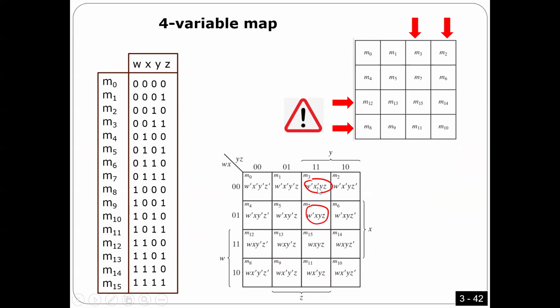If you look at the variables here, W prime, X prime, X. So X is different. Y is the same, Z is the same. So there is only one difference in one variable. So yes, they are neighbors. If you look at this one and this one here, W prime, X prime, X. So X is different. That's number one. Y and Y are the same, but Z also is different. So there are 2 differences here, in X and Z. So these are not neighbors.